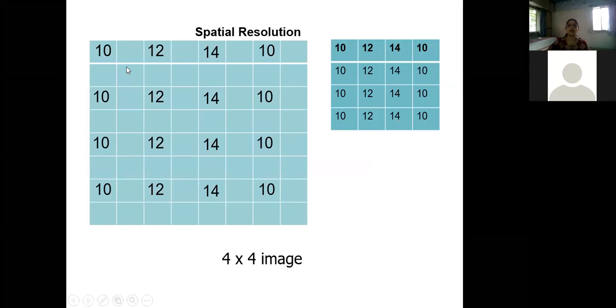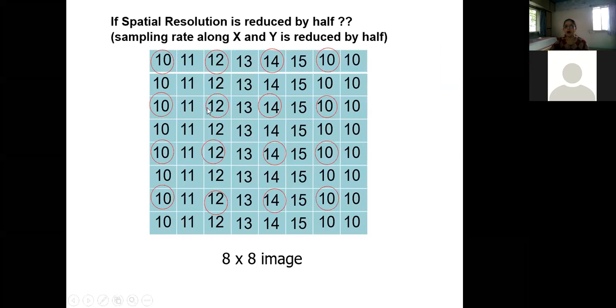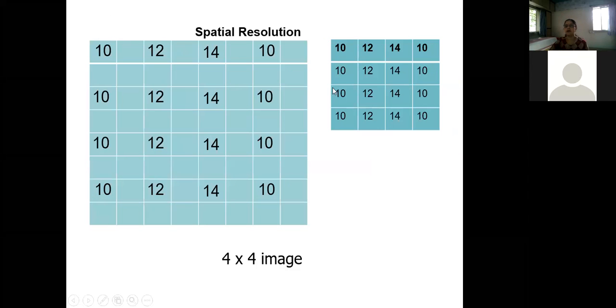Instead of all 8 by 8 samples, now we have only 4 by 4 samples, so we will have only 10, 12, 14, 10, and so on in all these rows. Similarly, we have 4 rows.